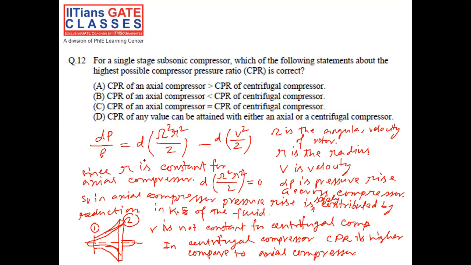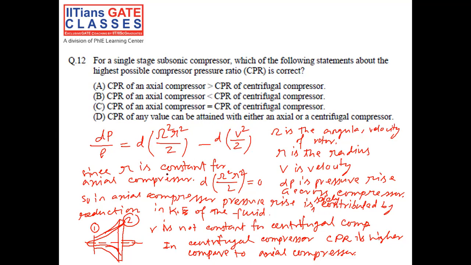Let me just brief this answer once again. The pressure rise across a compressor can be given by this equation, which is dp by rho equal to d of omega square r square by 2 minus d of v square by 2. And this term is the reduction of kinetic energy of the flow inside compressor. And this term is contributed by the angular velocity and the radius of the rotor. Now, in case of axial compressor, as the radius of the rotor is constant, this term becomes 0, and hence the pressure rise is solely contributed by the reduction of the kinetic energy of the flow, which is this term.